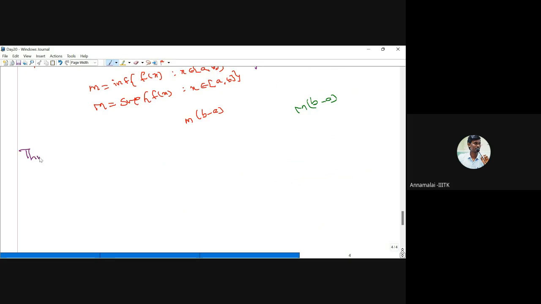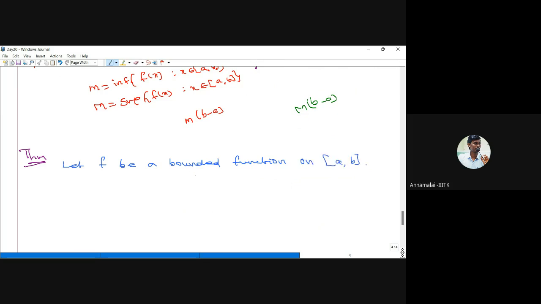So, theorem. Suppose we have two partitions and a bounded function. The Riemann integral will be defined only for a bounded function. So let f be a bounded function defined on the closed interval a comma b.